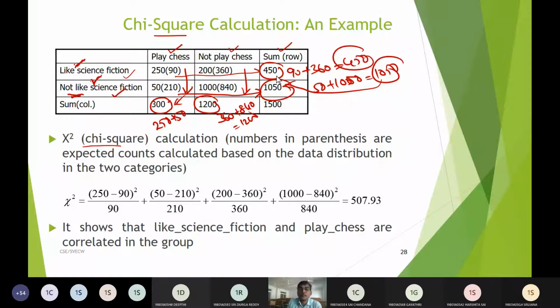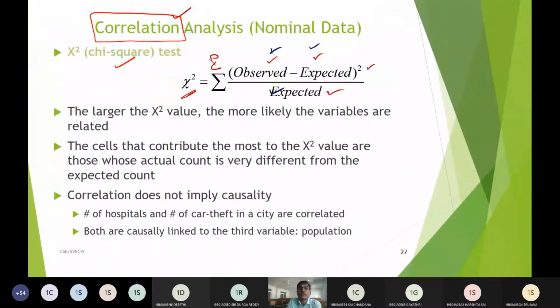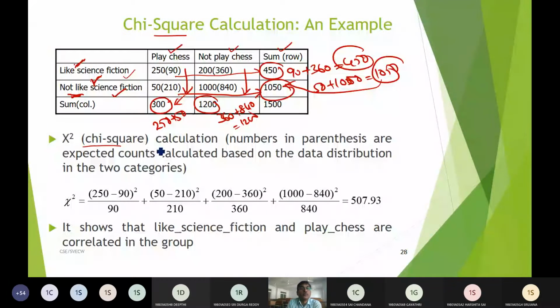So there is some network issue today. It is totally disturbing us. Now we are going to have this chi-square method. So the formula what we mentioned was observed minus expected whole square. So we have 250, that is what we are going to say, the two categories.